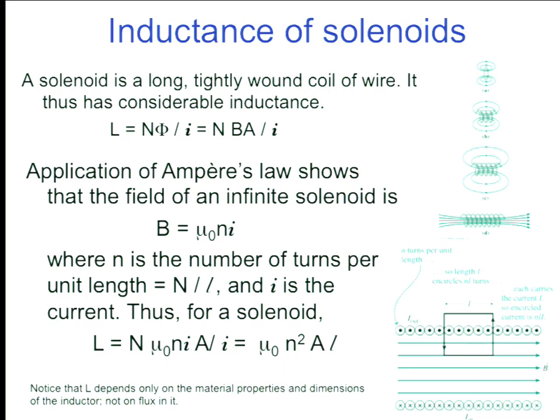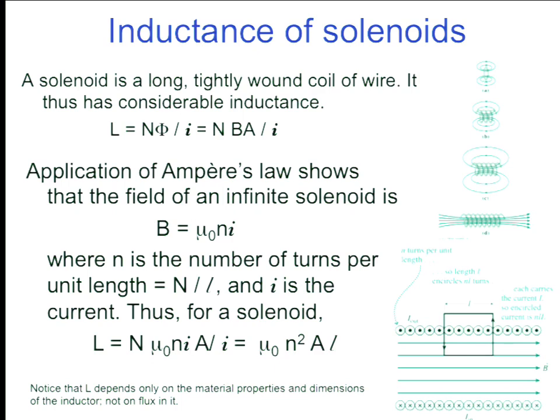Well, this is another n, that's the number per unit length. So we can just put in N over l for n, times A. So you have two N's here.